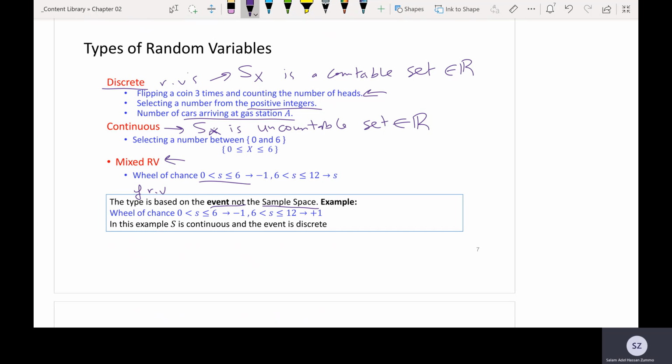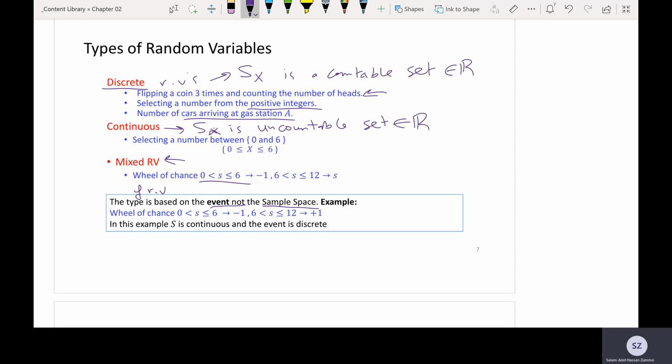So my random variable has how many possible values? Three values, so it's a discrete random variable, while the sample space was continuous. Now, in general, what I'm trying to say is that the type of random variable depends on the definition of the random variable.